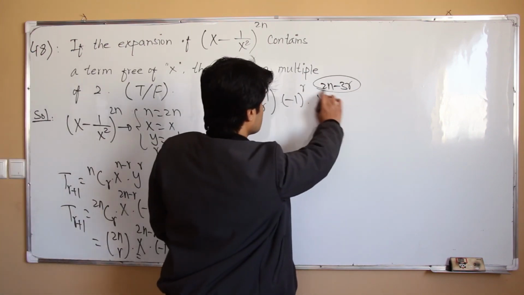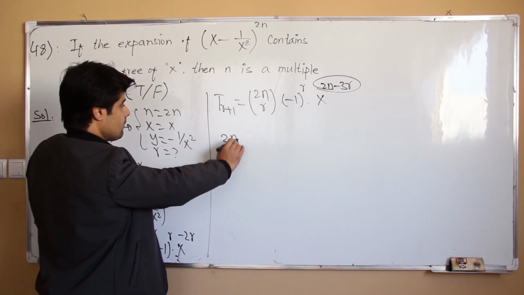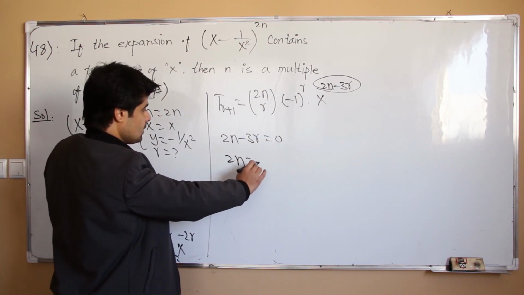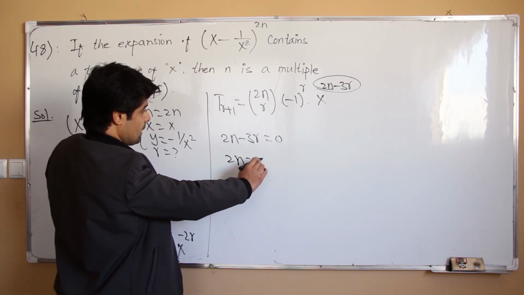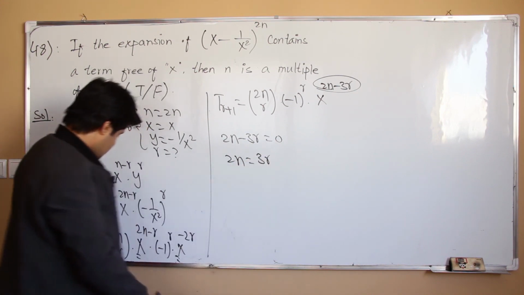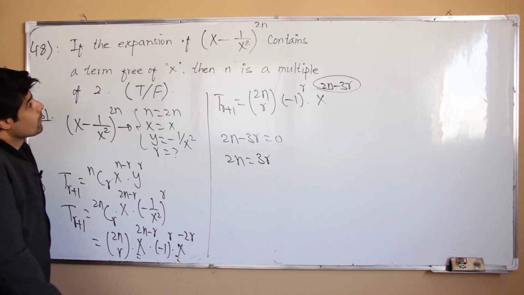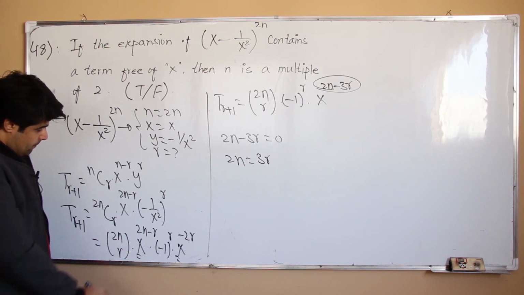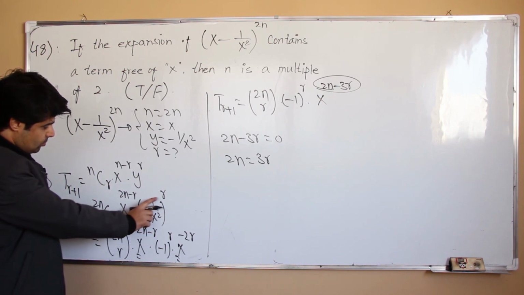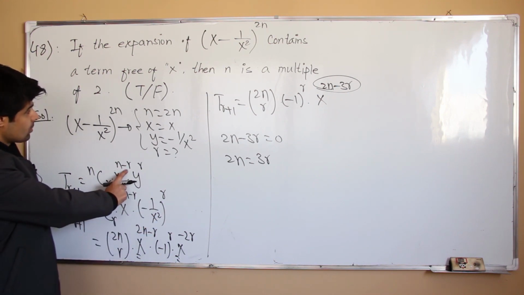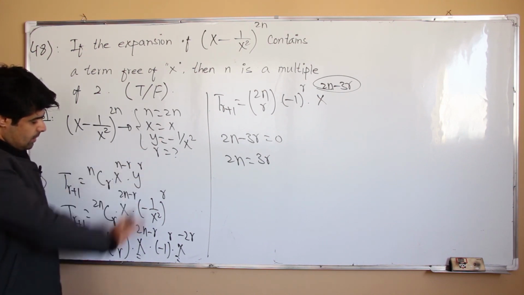This power should be 0. 2n minus 3r should be 0. So 2n is what? 3r. Am I right or not? x is x. This is minus 2r. Yes. n minus r. n is 2n. Yes, it's correct.